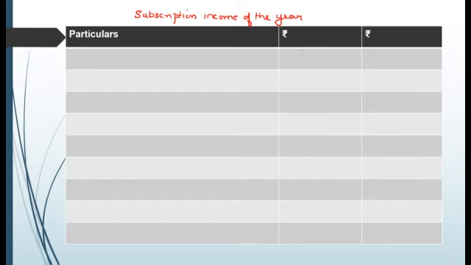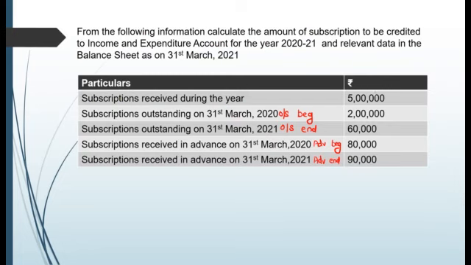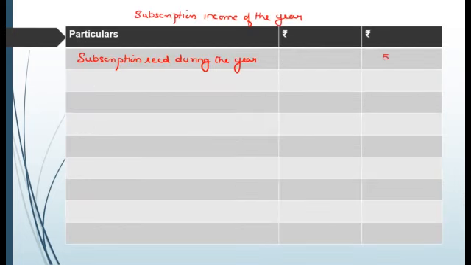Particulars, rupees. So we are going to start here with the subscription received during the year. So here, as per the question, 5 lakh has been received. So we write it in the outer column, 5 lakh.